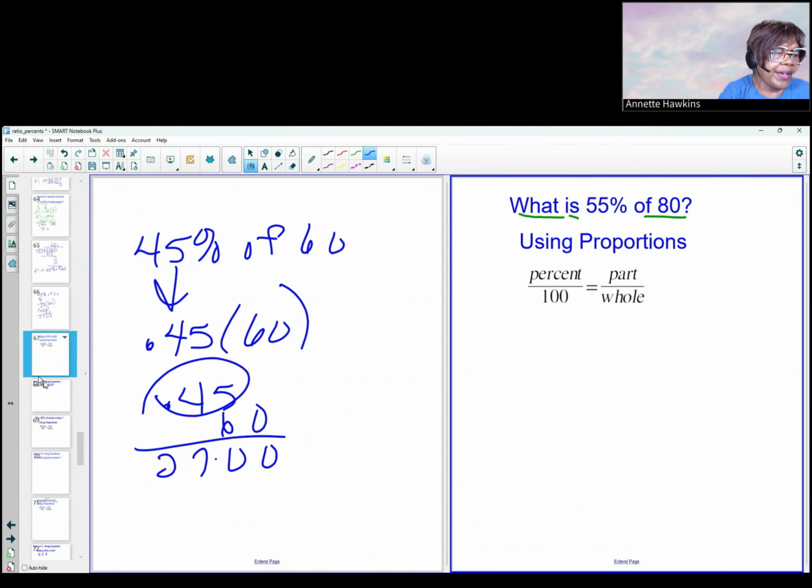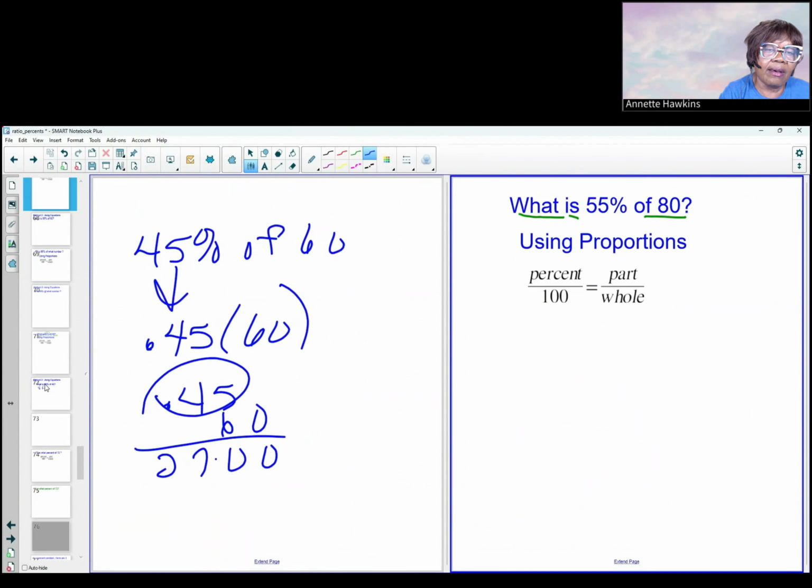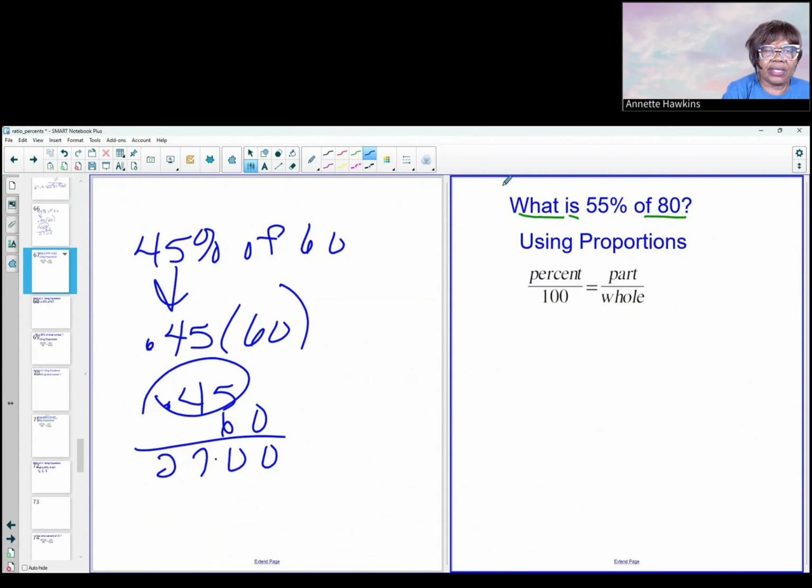What is 55% of 80? Let's use proportions. Now, this is to the left of is, I have what, so I don't know. That's the part. And the whole is 80. The percent is 55.